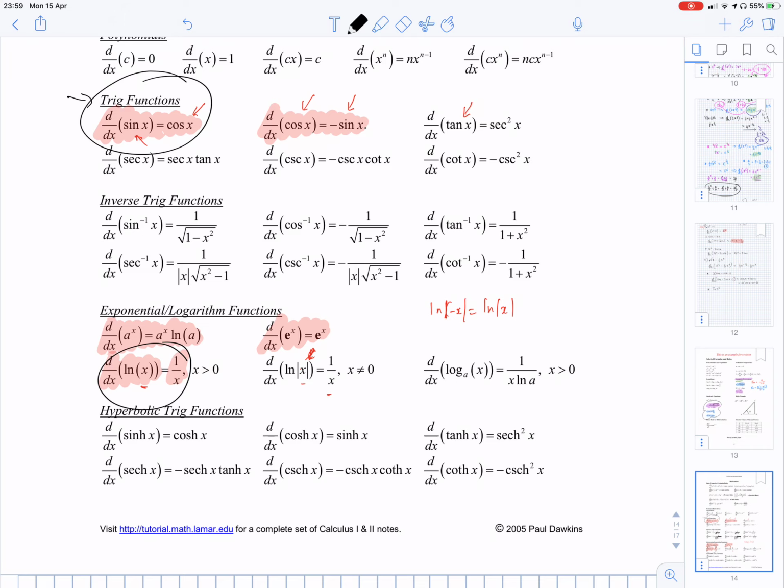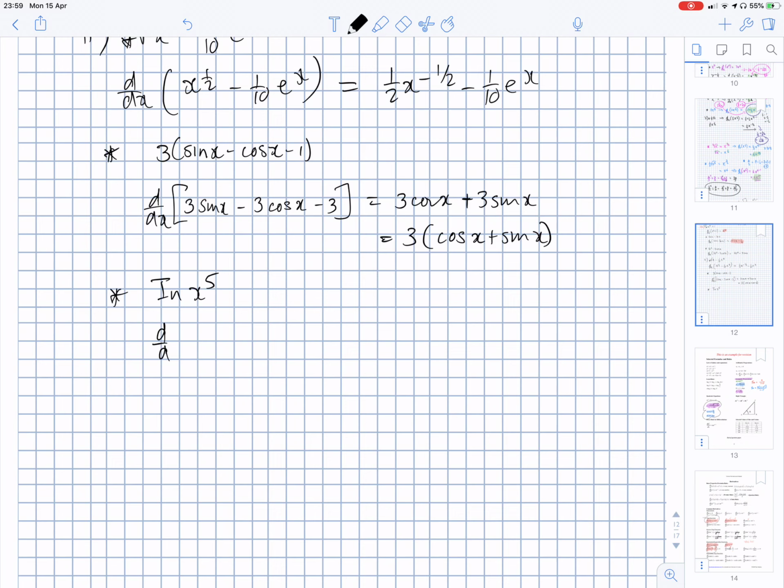So for ln x, which is the same as x to the power 1. If it was x squared, it will be 2 over x. So this one is just 5 over x. d/dx of ln x to the power 5 is just 5 over x.